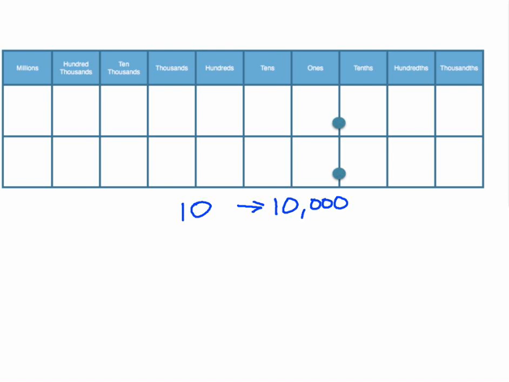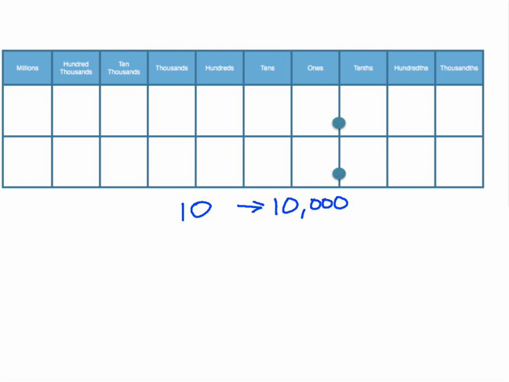How many times did you multiply the number 10 to get to 10,000? 4 times? Give me a thumbs up if you multiplied the number 10 4 times. If you came up with something different, show me.